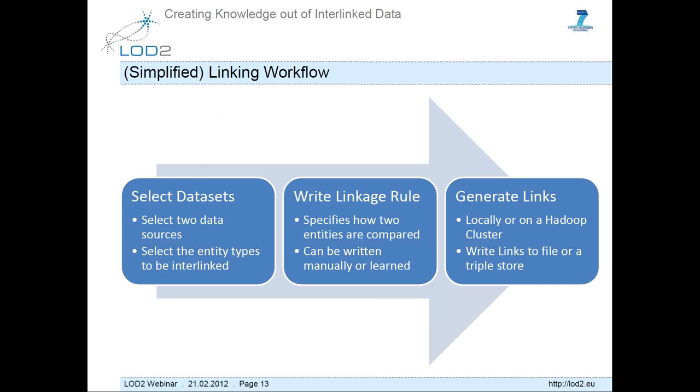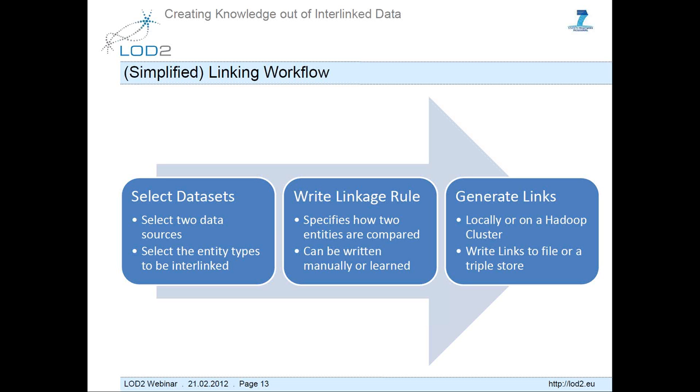Before I get into more concrete use cases, I will present a very simple linking workflow. Basically we need to do 3 steps in order to interlink 2 data sources. First of all, of course, we need to select the data sets.